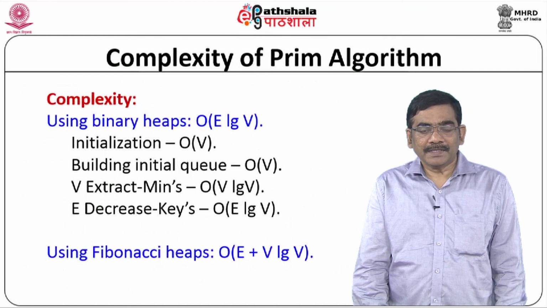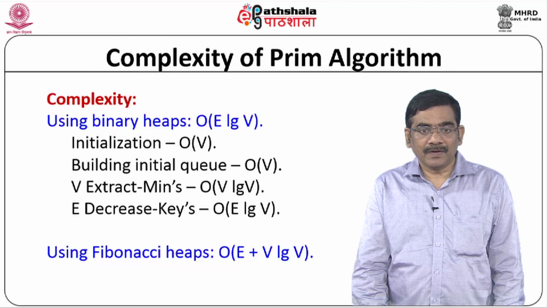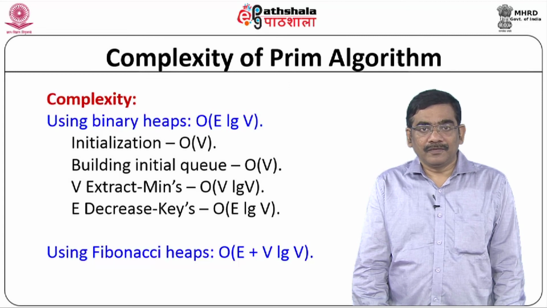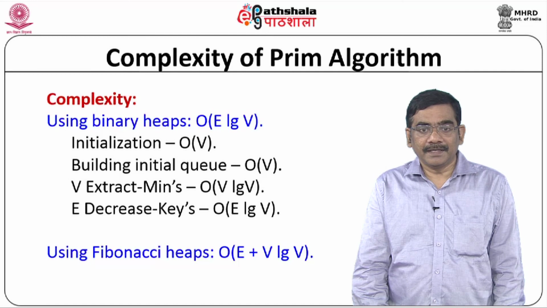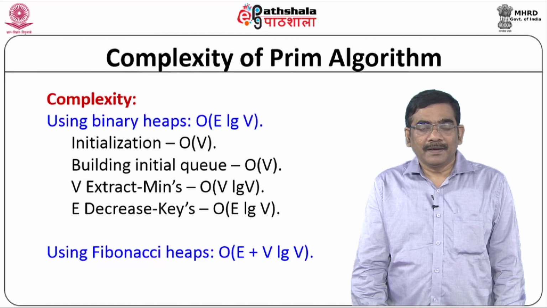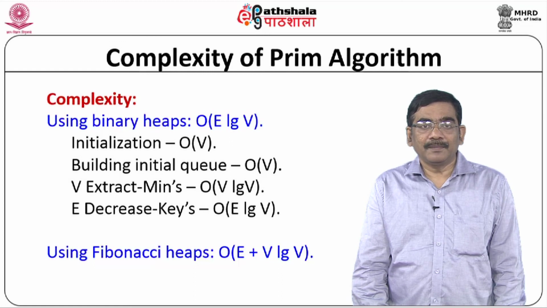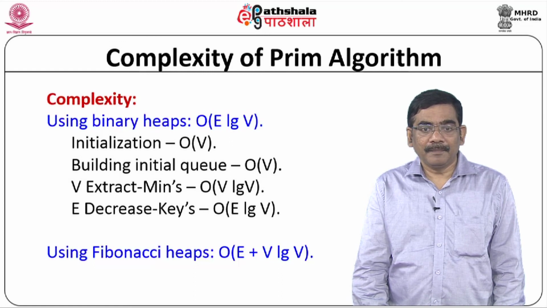So, what is the complexity of Prim's algorithm? The complexity of Prim's algorithm is very simple. For initialization, it takes order of V. Then for building the initial queue, again it is order of V. The main component of the algorithm is extract min.